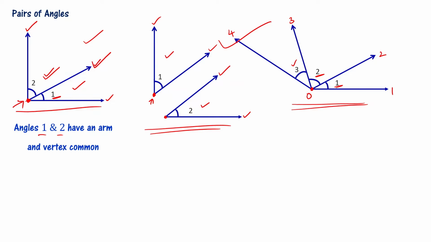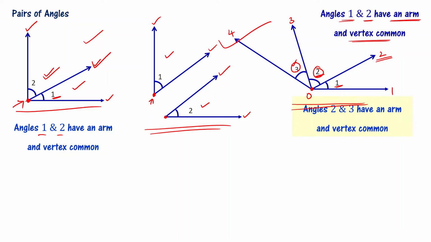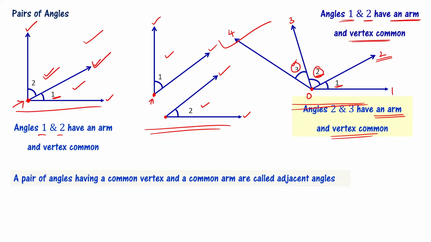When it comes to here, you see, when you observe angles 1 and 2, they have one arm and one vertex common, right? The vertex is common and one arm is common, that is arm number 2, right? Similarly, if you observe angle 2 and angle 3, then they also have one arm and vertex common. Got it? A pair of angles having a common vertex and a common arm are called adjacent angles.